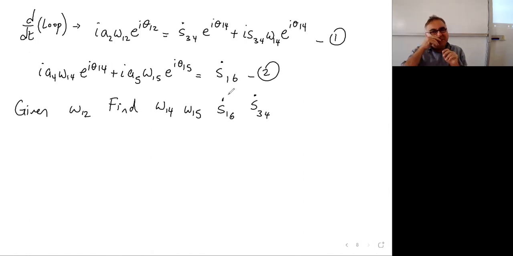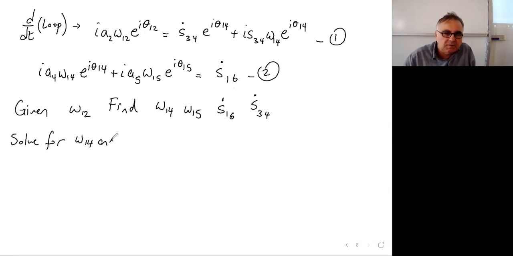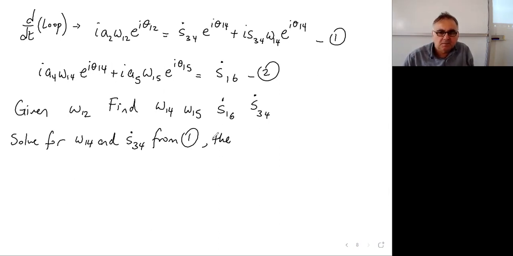As a matter of fact, you can solve for it from the first equation. For example, what you can do is solve for omega 1,4 and S34 dot from the first. When omega 1,4 is known, then solve for omega 1,5 and S16 dot.